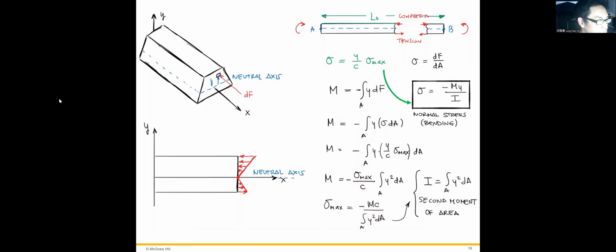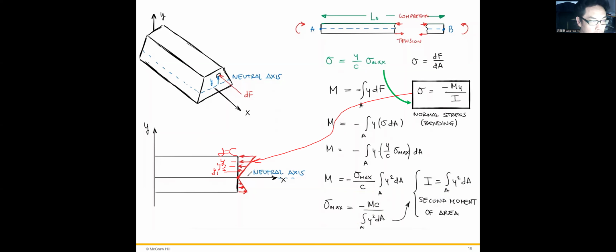And this stress distribution looks like this way. Okay. So what we get, we can replace a different y value, right? For example, this location is y1, here is y2, here is y3, and the top surface is y equals c, right?